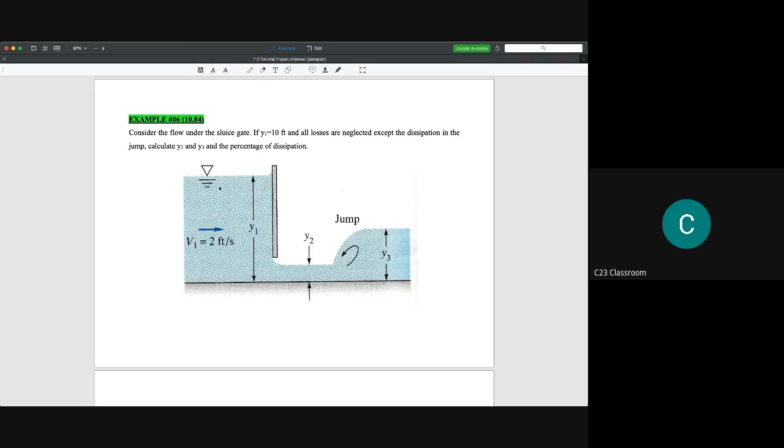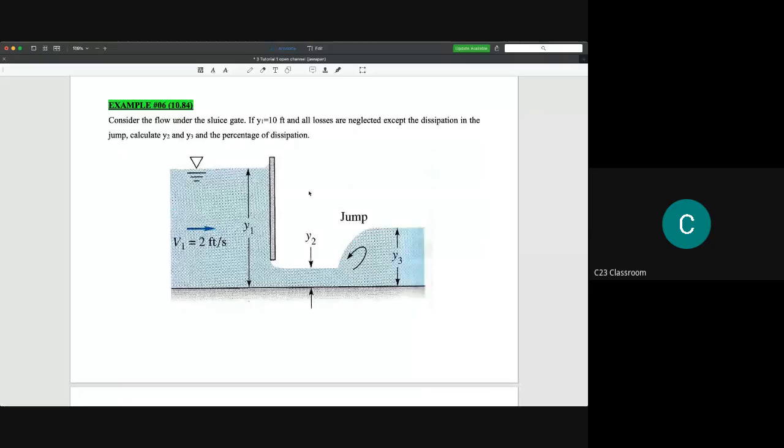Okay, now for example number 6 here, we try to evaluate one phenomenon that occurs in the open channel and energy changes, which is called the hydraulic jump. Let's say we have this kind of dam.